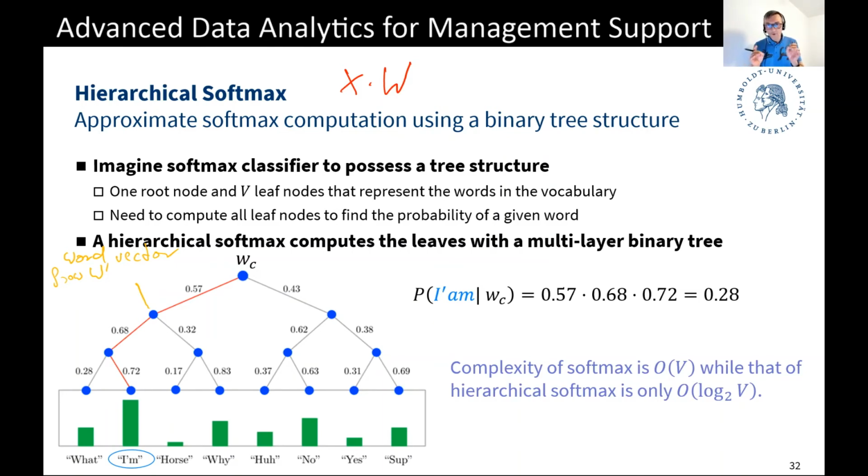We apply the sigmoid to that dot product to obtain a probability. And how we interpret the result is: from the node of our input word, from the node WC in our tree, should we go left or should we go right to get to this word. This is how this value that you see here emerges.